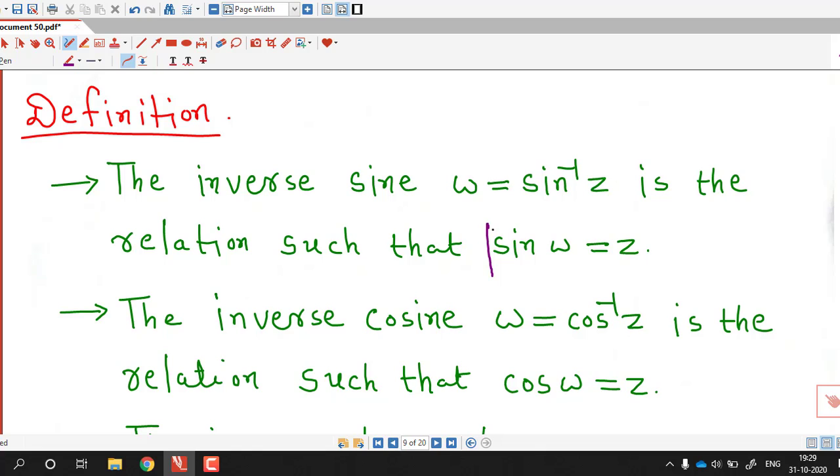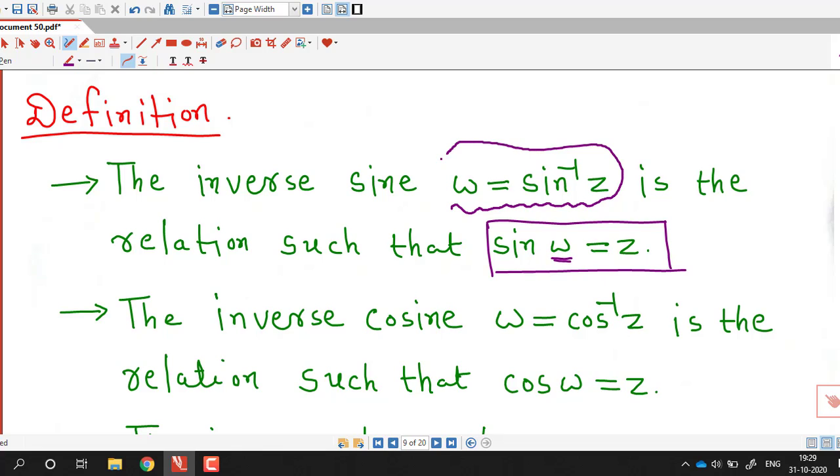If we have sin w equal to z, then this w is called the inverse of the function sin z. So the inverse sin w equal to sin inverse z is the relation such that sin w equal to z.